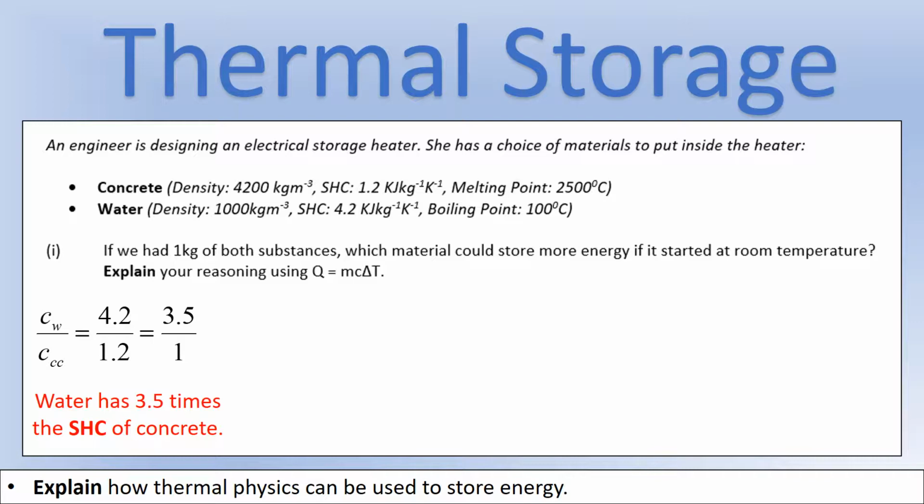Specifically in this case, it stores 3.5 times as much energy for each degree of temperature rise that we have. So in terms of specific heat capacity, water is better.